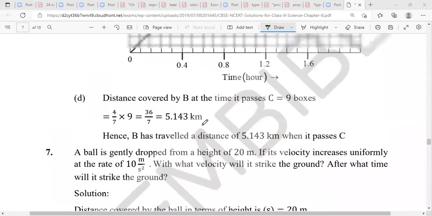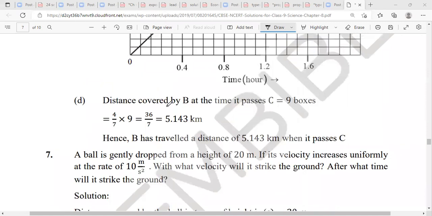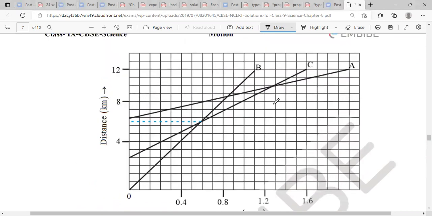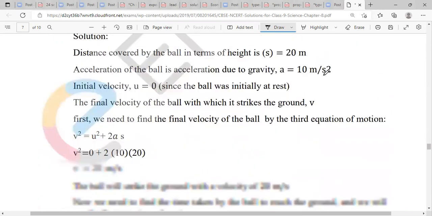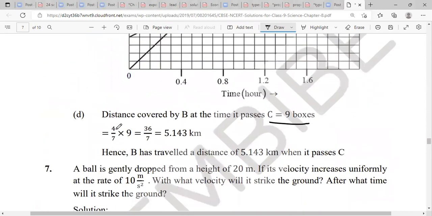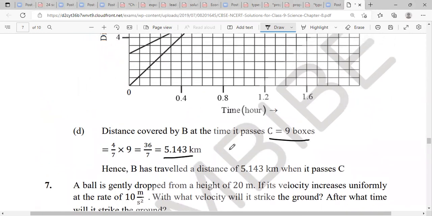Yes, ma'am. Okay. Now the distance covered by B at the time C passes is equal to 9 boxes. It's basically 9 boxes away. You can see here 5, 6, 7, 8, 9. B passes A, so it is 9 boxes away. So it's 4 upon 7 divided by 9, so it is going to be 5.143 kilometers.